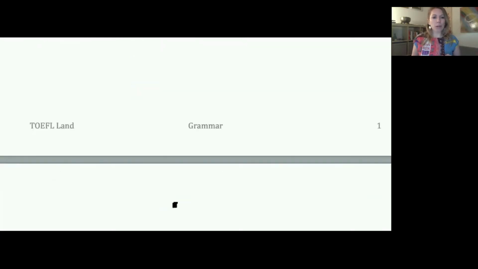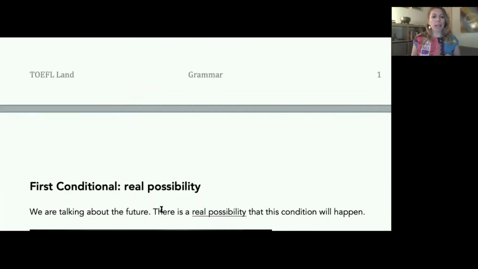So let's get really into this, talking about different situations. The first situation, the first conditional, is a real possibility. So we are talking about the future, and there is a real possibility that this condition will happen. Let's say that I want to go to the beach, and the beach is just 20 minutes from my house.